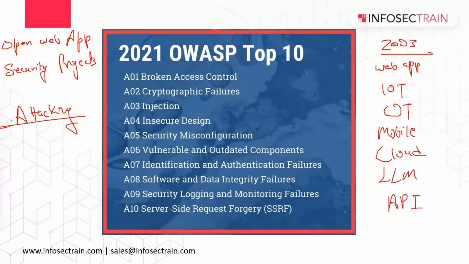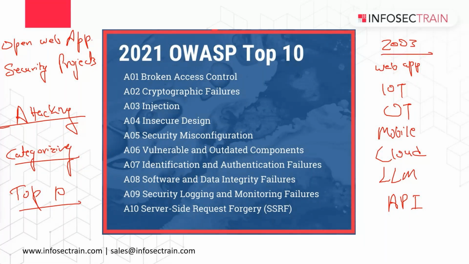So they found vulnerabilities and exploited those vulnerabilities. People in OWASP started categorizing those attacks, right? So once they started categorizing those attacks, what happened exactly? They came up with a list of top 10, right? Top 10 vulnerabilities which were exploited.